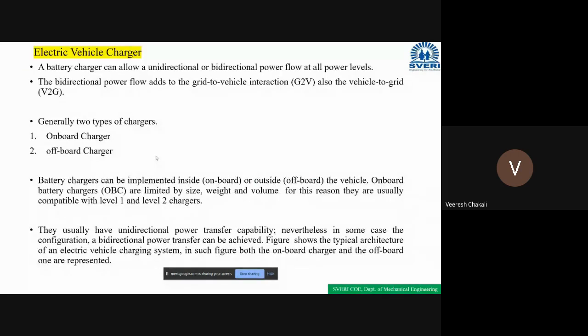Today one more component of the electric vehicle is the electric vehicle charger.